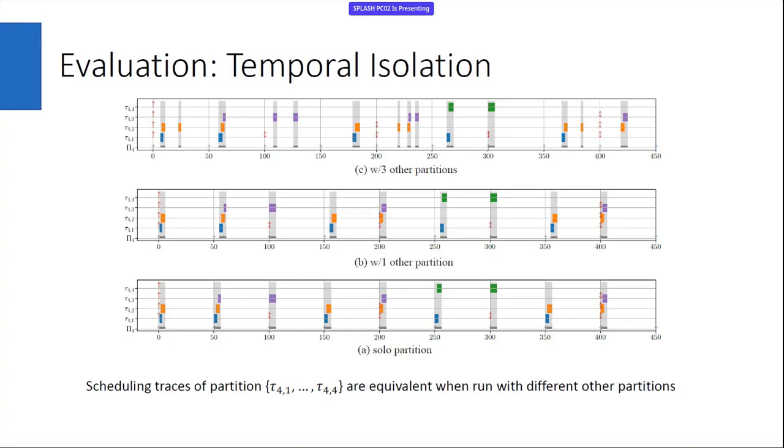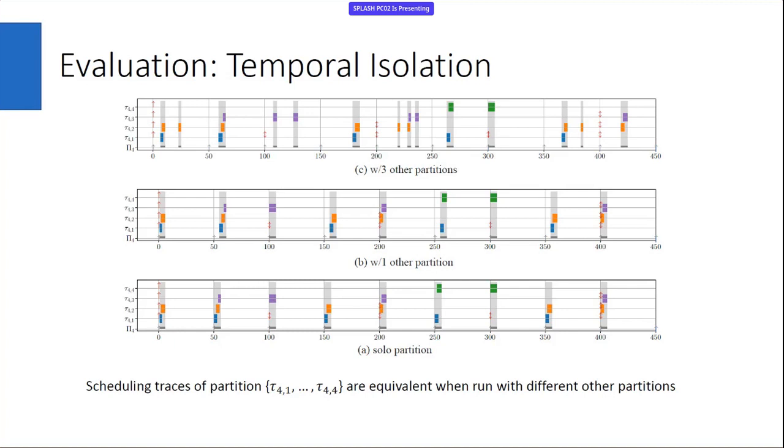So what temporal oscillation says is that regardless of how many other partitions run, within the logic time space, when you look at how these tasks are scheduled, they don't change. It's always gray followed by blue, followed by orange, and so on.